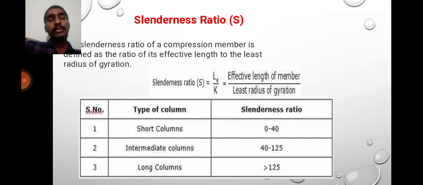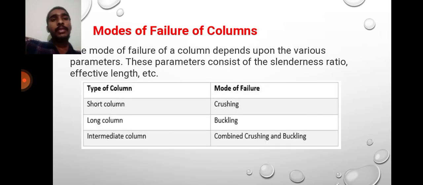The table shows the type of columns and the slenderness ratios. For a short column, slenderness ratio is 0 to 40, for an intermediate column, the slenderness ratio is 40 to 125, and for a long column, slenderness ratio will be more than 125.